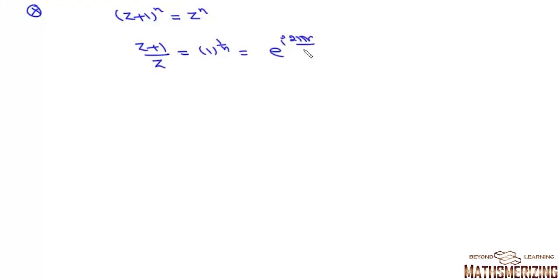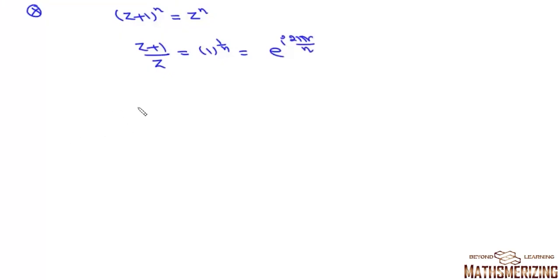Now the 10th result that we use in nth root of unity is related to equations of the form (z plus 1) to the power n plus or minus z to the power n. Now we can rewrite this as (z plus 1) upon z will be equal to 1 to the power 1 by n, which is nth root of unity, which we can write as e to the power iota 2 pi r by n.